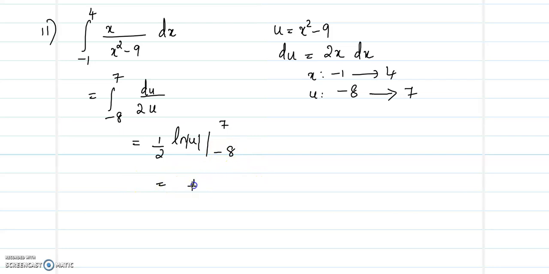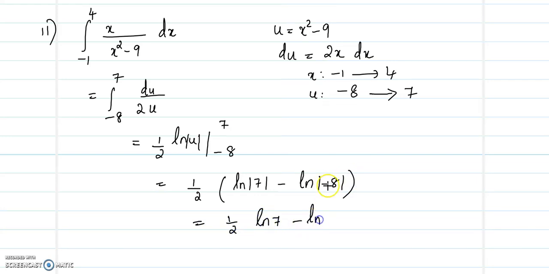So we will be getting 1 by 2 times log mod 7 minus log mod of minus 8. So that will be equal to 1 by 2 log 7 minus log 8, since the modulus of minus 8 is 8. So this will be the value of the integral.